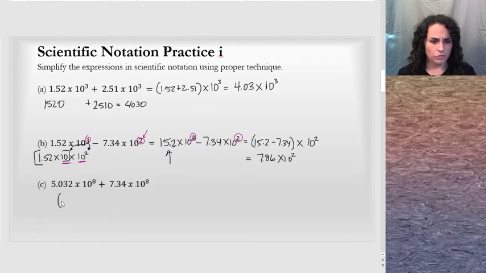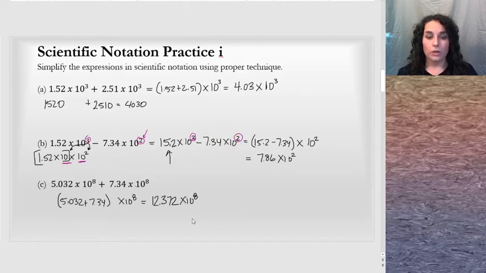I'm going to do this like the first one, 5.032 plus 7.34. They're both times 10 to the 8th, so I can just straightforwardly add them together. And so you can do this with your calculator. You get 12.372 times 10 to the 8th power.